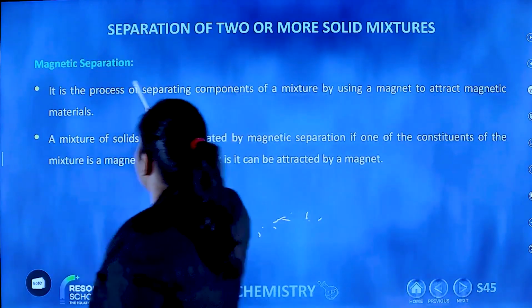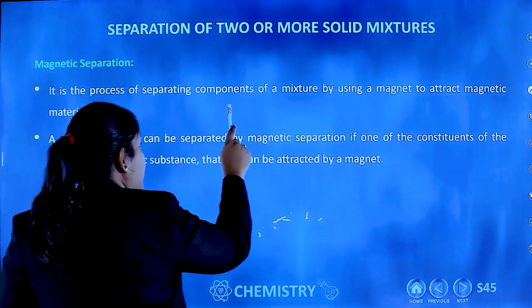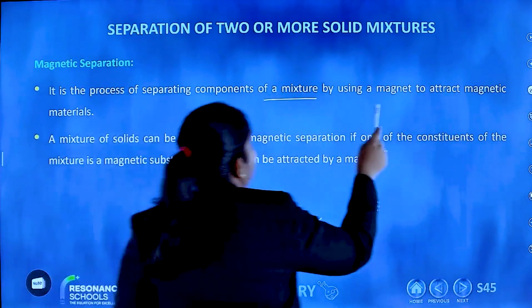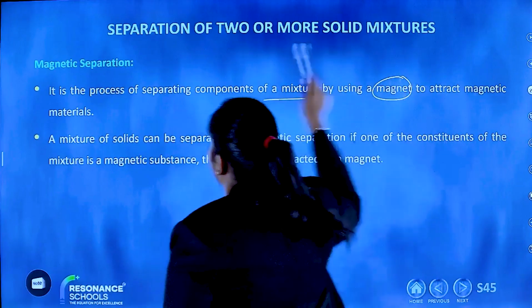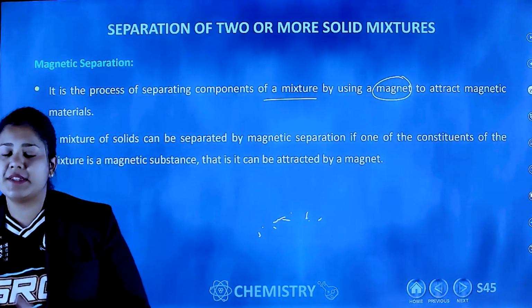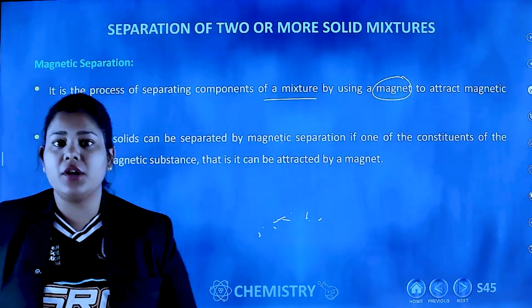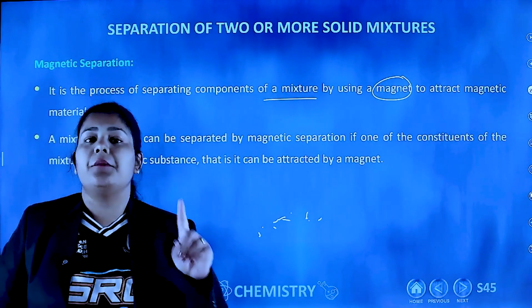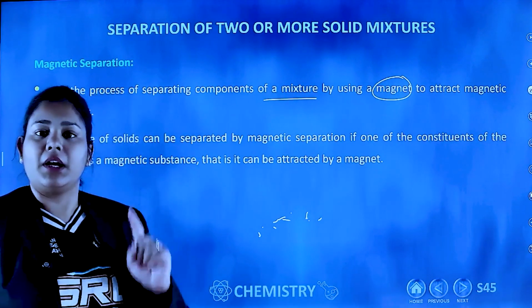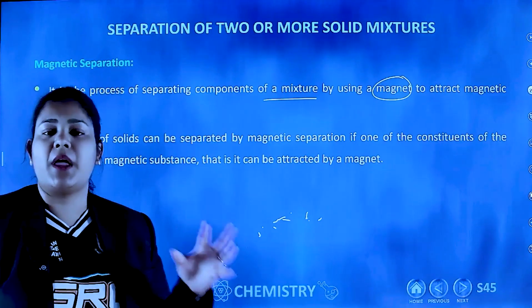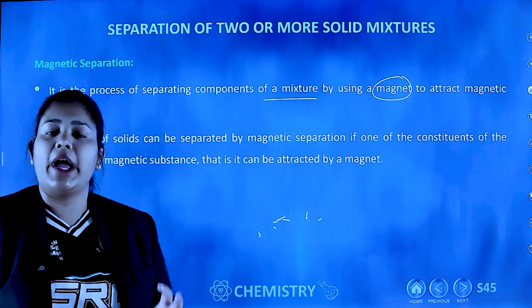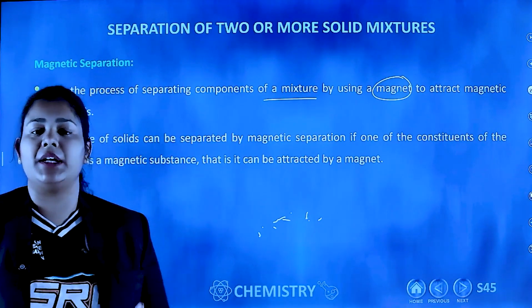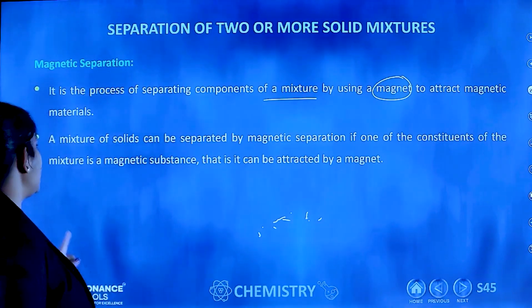So magnetic separation is a process of separating components of a mixture by using a magnet to attract the magnetic materials. So basically, what is magnetic separation? Separating the substances by attracting one of them with a magnet, so one substance must have magnetic attraction.